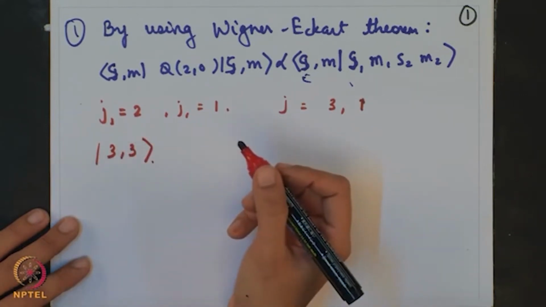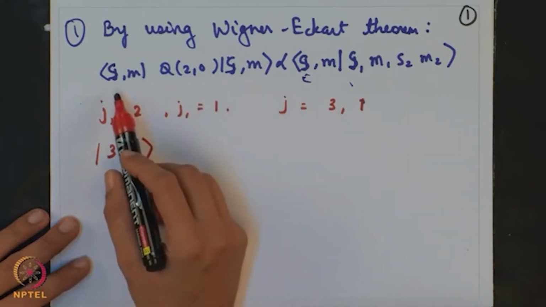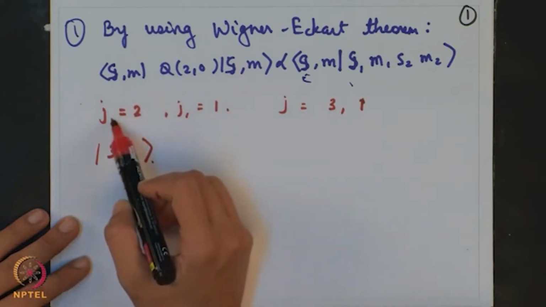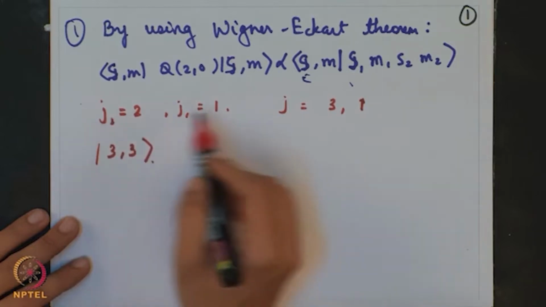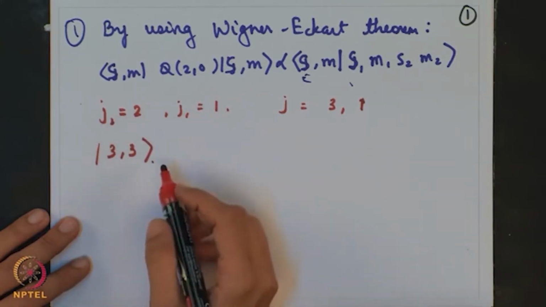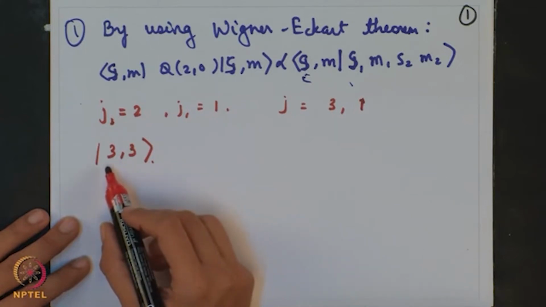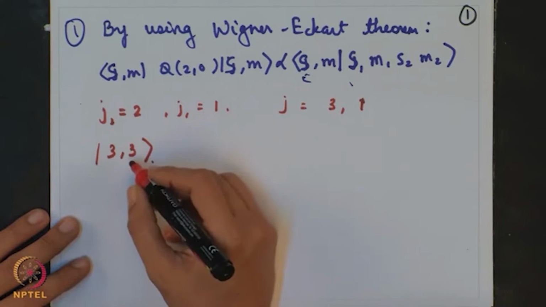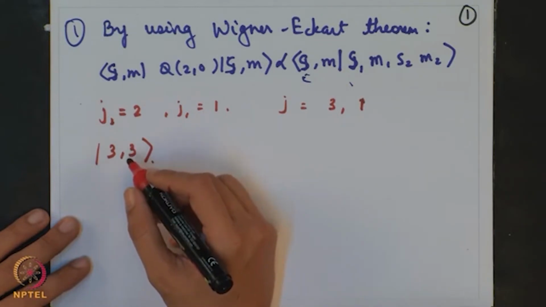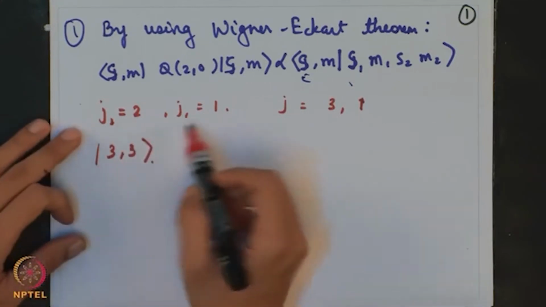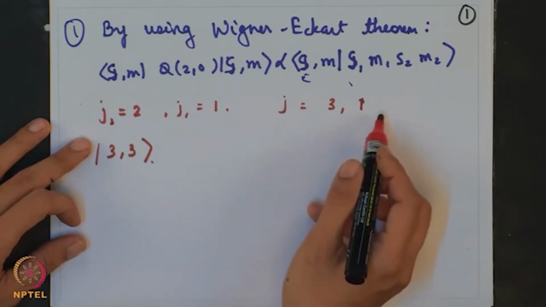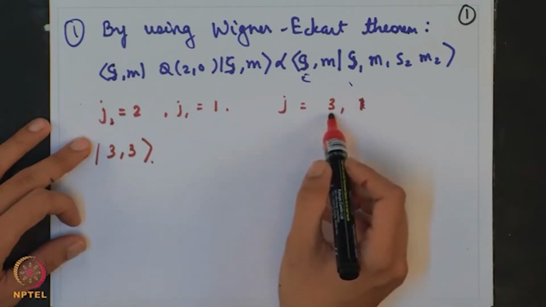So, in this problem you have J1 is equal to 1, J2 is equal to 2, and you can start by writing J as the 3 comma 2 state. So, when your J1 is 1 and J2 is 2, these two values you can take. So, your capital J will be 3 and 1, but we are interested in taking J is equal to 3.